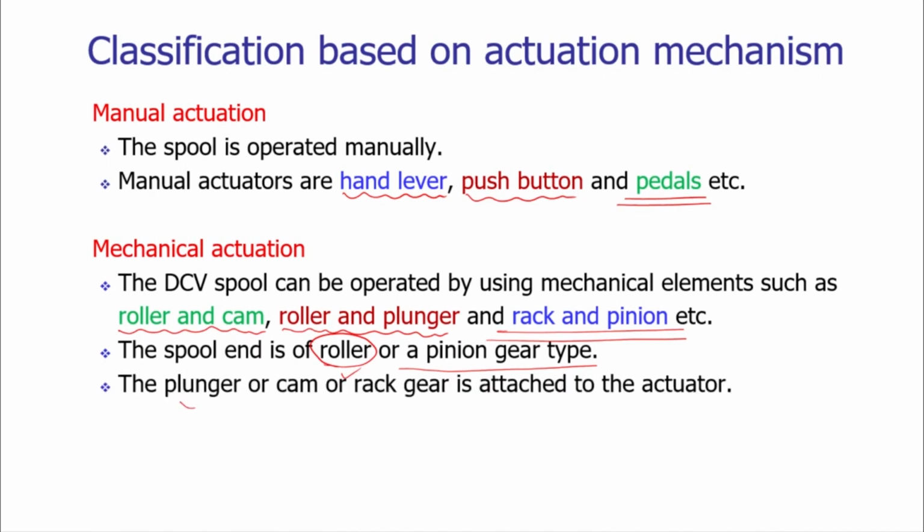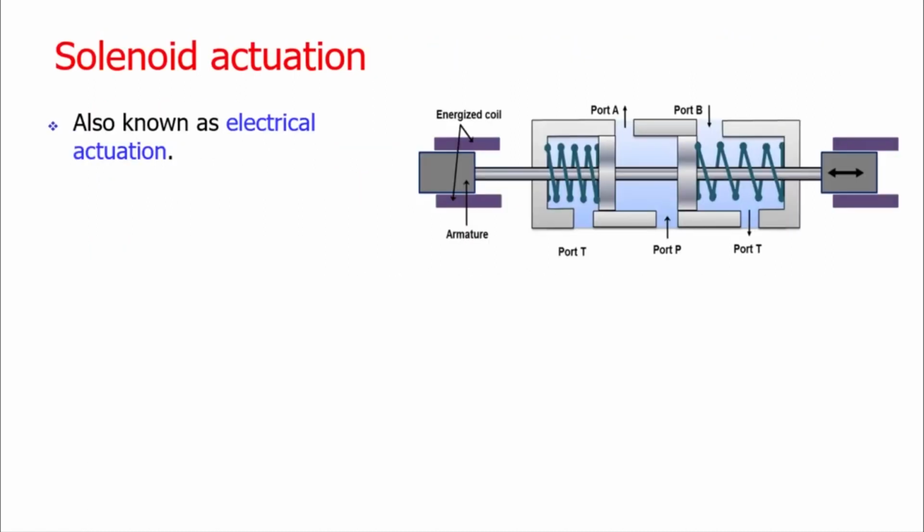So to this pinion gear type, we are attaching the rack gear, and the rack gear is actuating the pinion gear, and in this way we are actuating the various valves. The next important group of the actuation mechanism based valve is the solenoid actuation mechanism based valve.